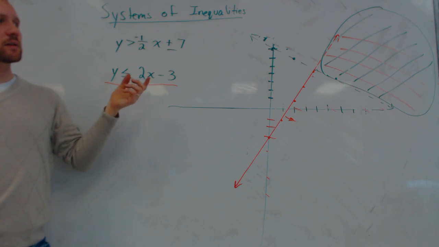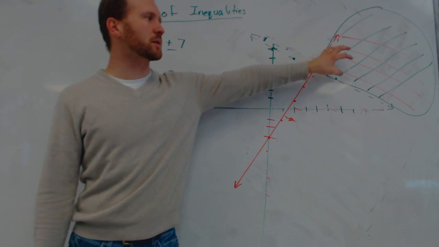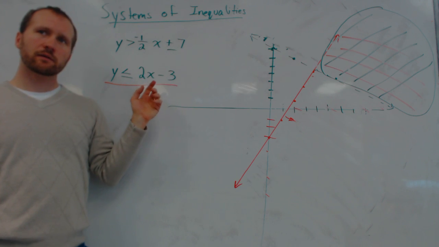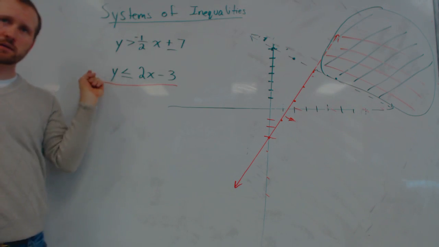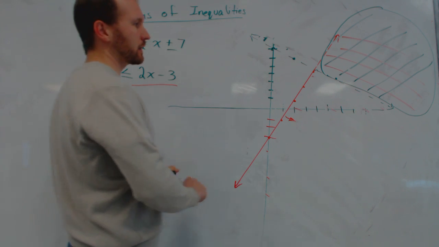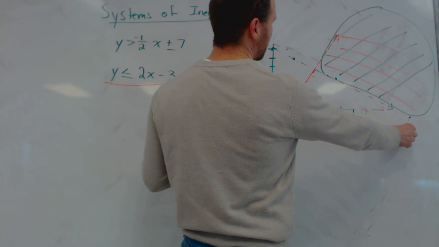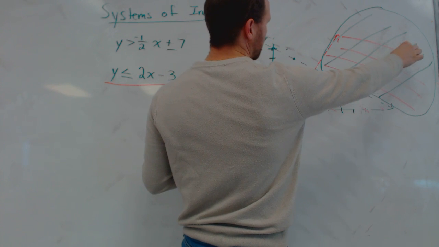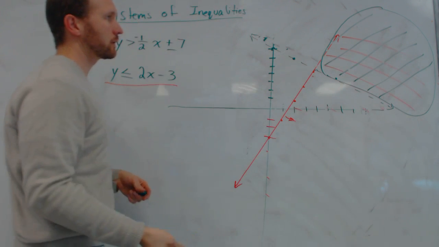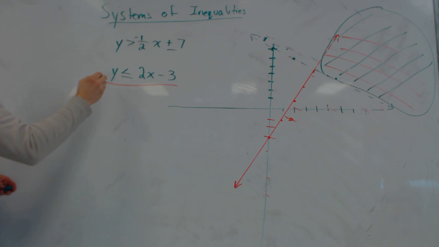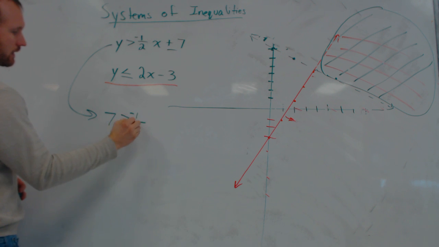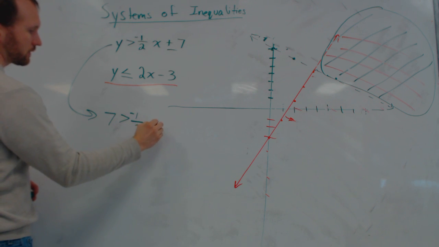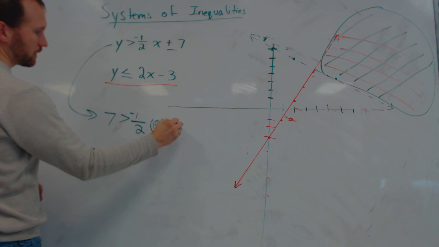So what we're looking for is which quadrant has solutions to both inequalities. Any point over here would be true for both of these. So if I picked a point like, I don't know, (15, 7), let's plug it in. So we'd have the first one: 7 is greater than negative 1/2 times 15 plus 7.